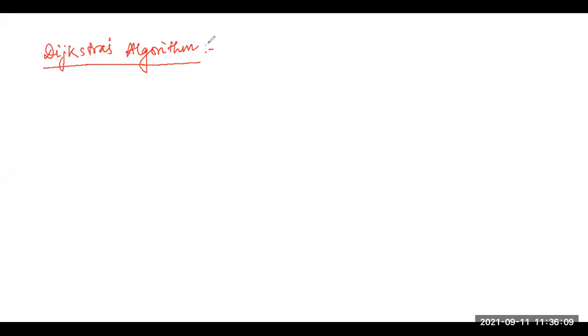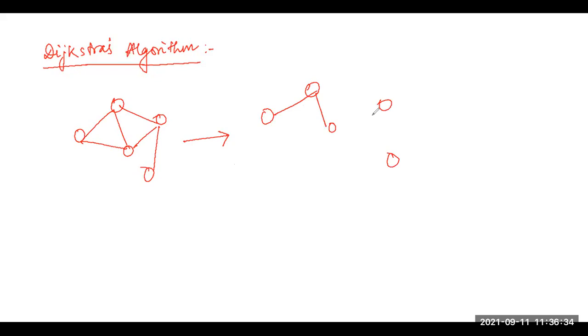What happens in the minimum spanning tree, that is in the Prim's and Kruskal's concept which we have learned, given a graph to you. So suppose if these were the nodes given to you and this was the graph, you find a spanning tree that will connect all the vertices and it will give you a minimum weight of the spanning tree, right?